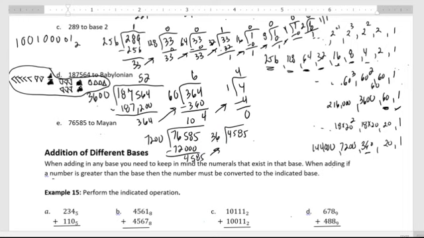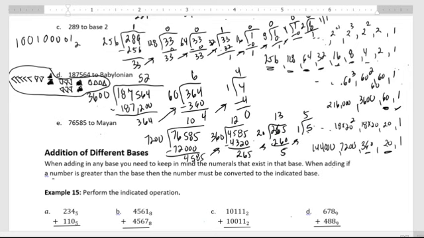We divide by the next place value, which is 360, times 12 would give us 4,320. If we subtract, we get 265. Divided by the next place value of 20. So that's going to be 13 times 20 is 260.